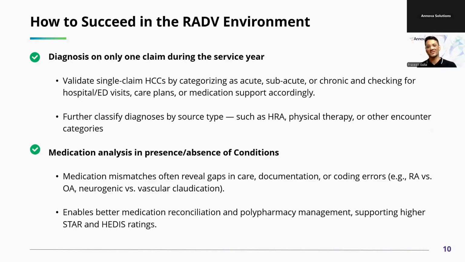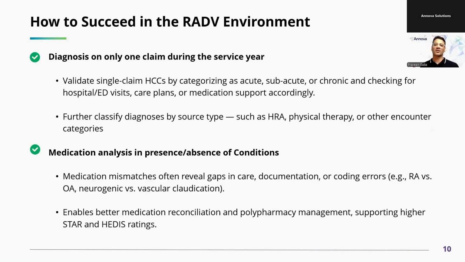The medication analysis does not stop at your audit analysis. It also enables you in other areas of plan performance. Medication reconciliation is a HEDIS measure. It is a star measure. Polypharmacy management is a star measure. If you are doing this, you are indirectly increasing your star ratings. It's not just that you're getting audit ready.